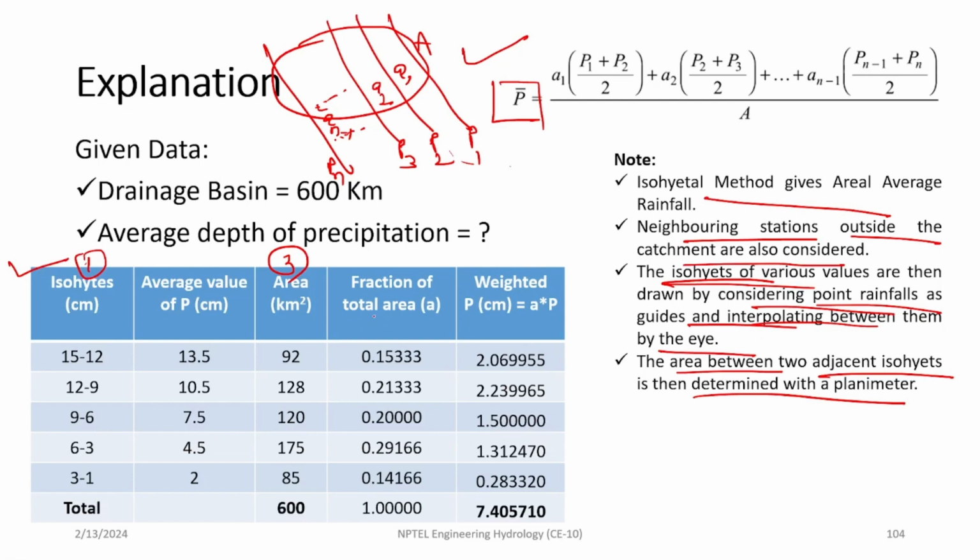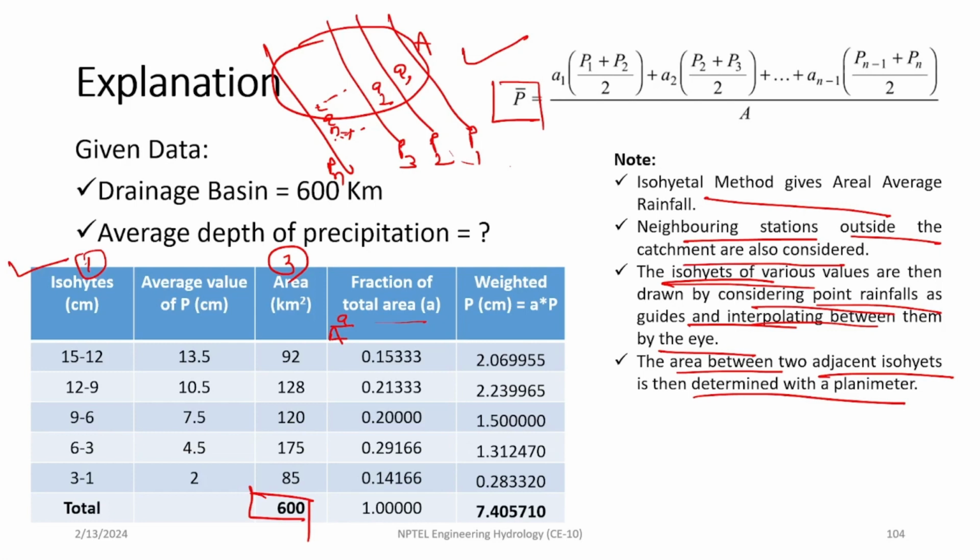So the weighted area will be A upon capital A, where capital A is the total area of the entire catchment. So we say 92 by 1600.